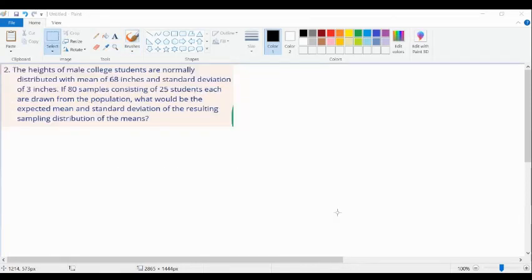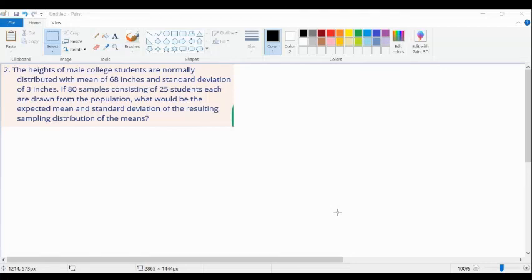Example number 2. The heights of male college students are normally distributed with a mean of 68 inches and a standard deviation of 3 inches. If 80 samples consisting of 25 students each are drawn from the population, what would be the expected mean and standard deviation of the resulting sampling distribution of the mean?